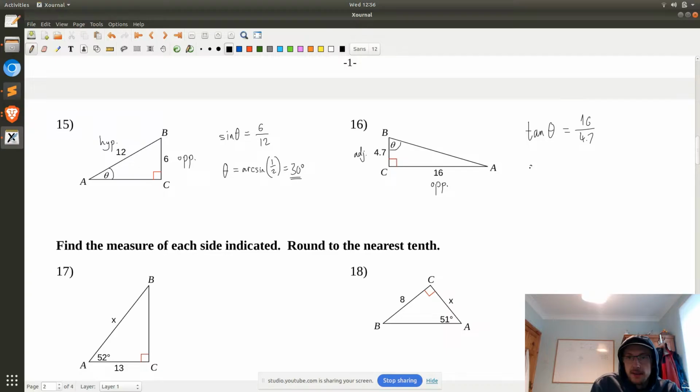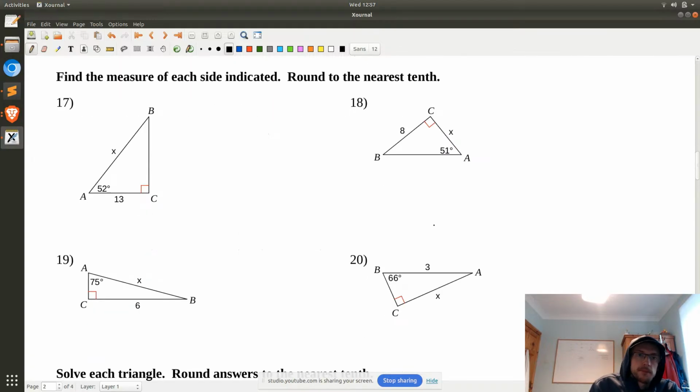So arctan of 16/4.7. And we get 73.6 degrees. And we check, and it's correct, and that's good.